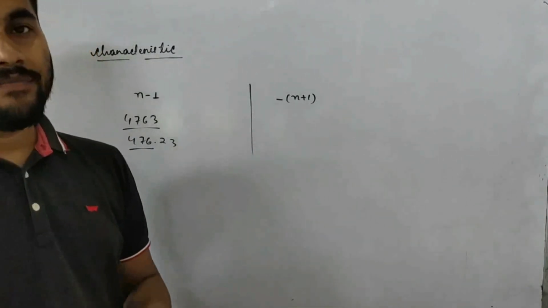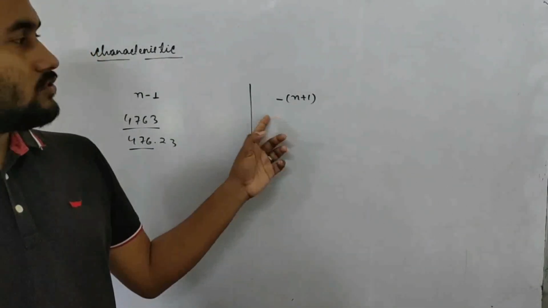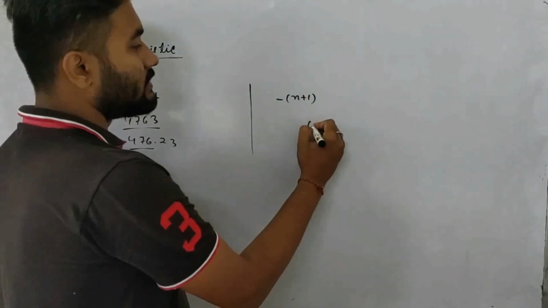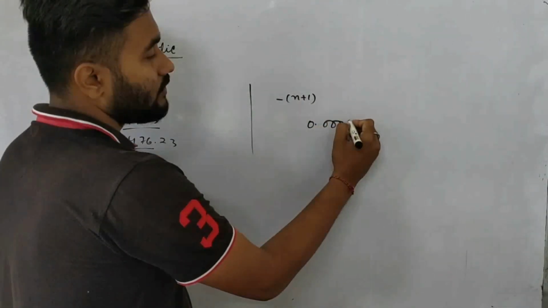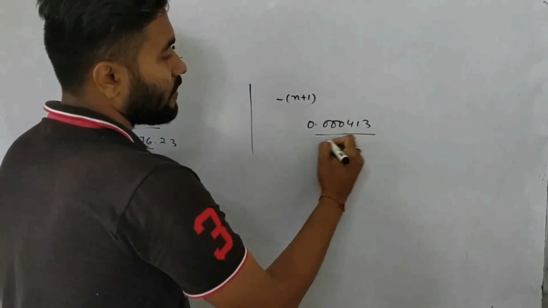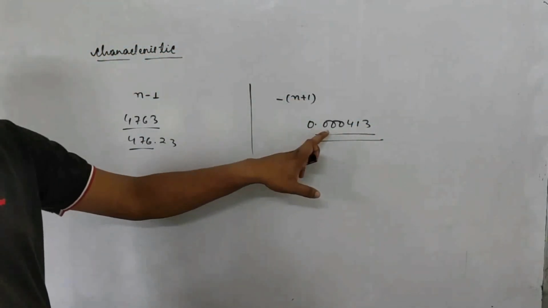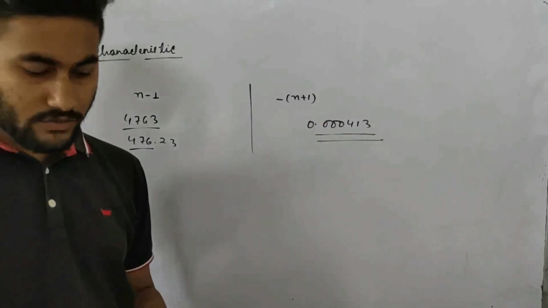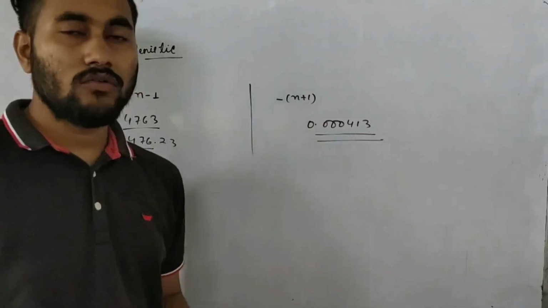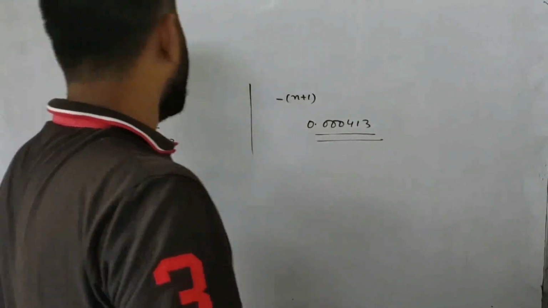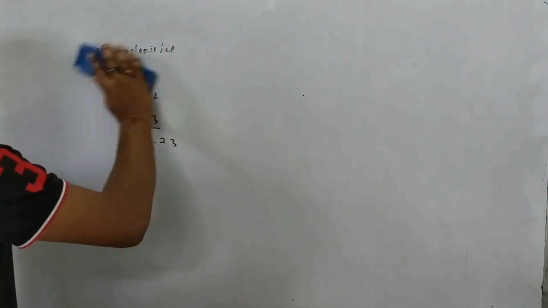How many zeros are there between the point and the first significant digit, that will be the value of n. So when the question is of this type, 0.000413, we use this formula. There are 3 zeros, so the value of n will be 3. Most of these things you have already done in class 9.